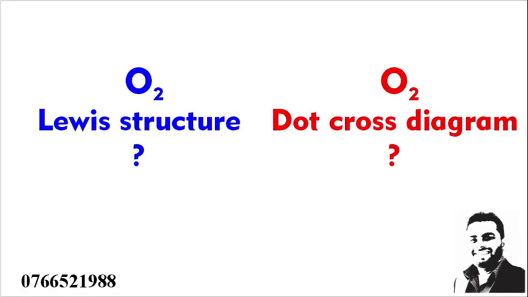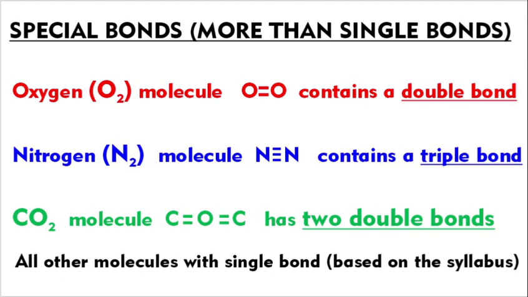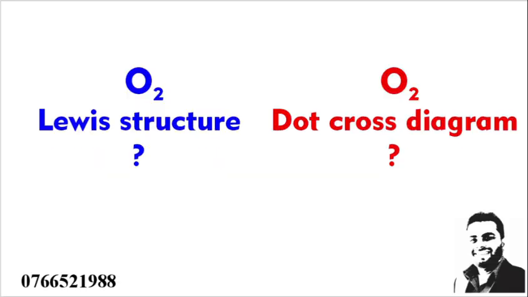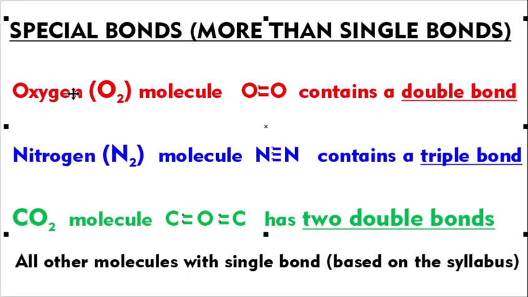Now take a look at the Lewis and the dot and cross diagram of oxygen. So I ask you to see whether there is a special bond. Yes, the oxygen molecule has a double bond, so we have to check.